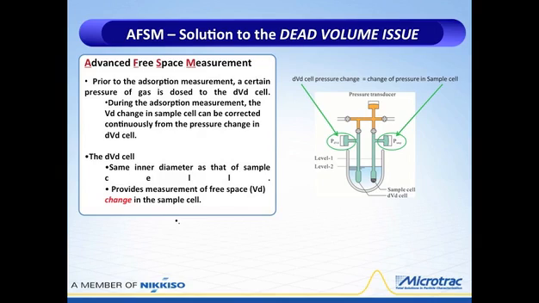But we don't have to be concerned about that level changing at this point, because we're monitoring the pressure change due to the drop in the level of the liquid nitrogen. Thus, we take the pressure drop and, in effect, subtract it from the pressure that's being experienced in the sample tube. And then that gives us a very highly accurate measurement of the pressure and ultimately the volume.